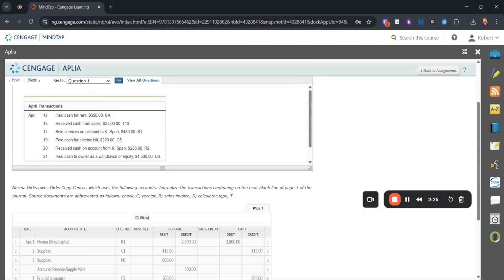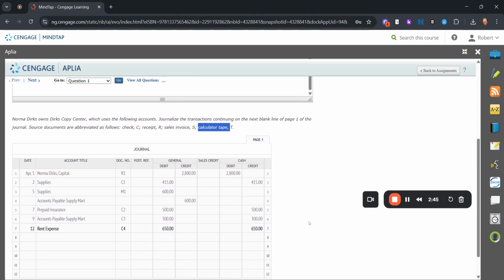And then the next one on the 13th, received cash from sales, $2,500. T13, so calculator tape or cash register tape. In the instructions it says calculator tape, but it could be cash register tape too. So received cash from sales, so we'll put 12 here.